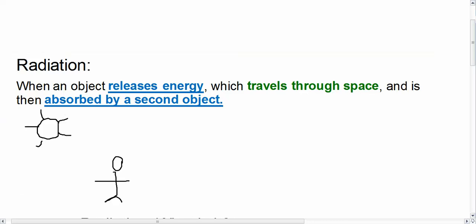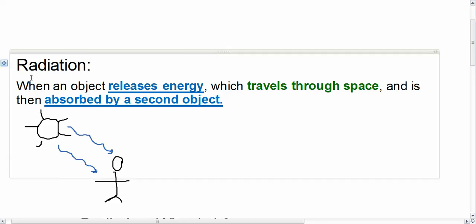Now, those rays of light, UV light, color, that give me a nice warm feeling on my skin and a nice tan, those are radiation. Those are waves of energy that are released from one object, released from the sun.